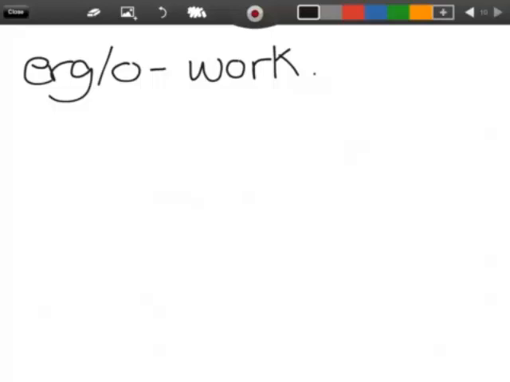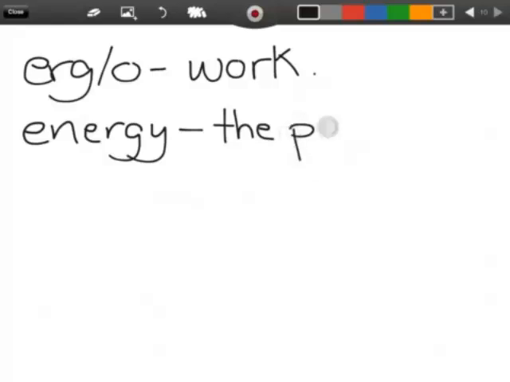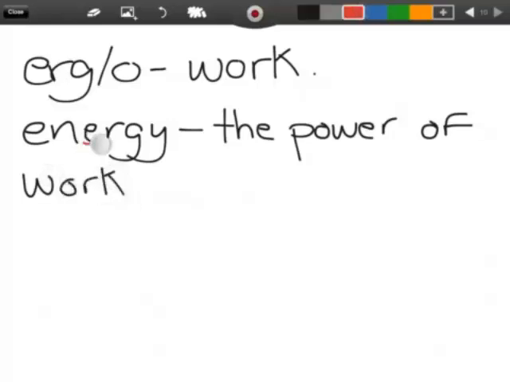I'm going to say energy. And the definition is the power of work. I'm going to go ahead and underline the root for you guys so you can see.